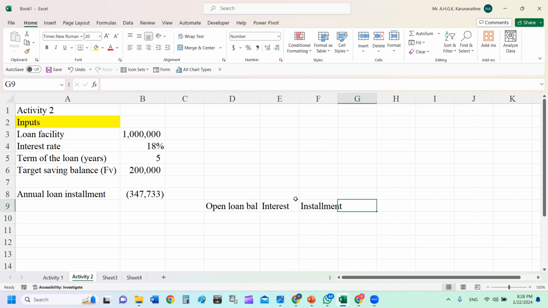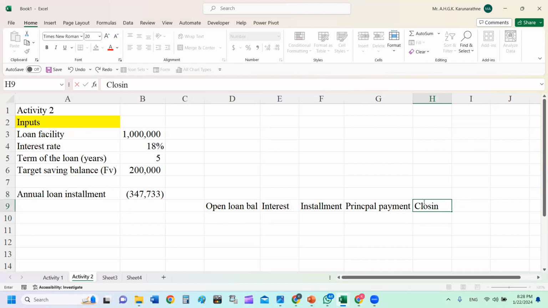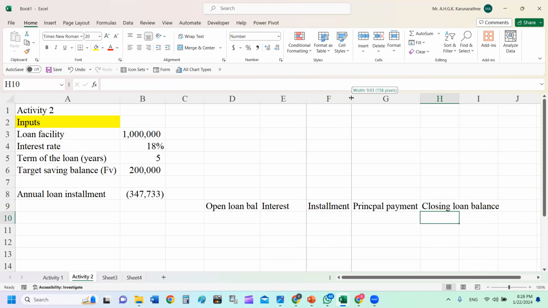Installment minus interest, principal payment. Principal payment, the amount by which the loan is reduced. Right? Okay. Finally, closing balance. Last column, closing loan balance, right? Let me just extend this so that it's more visible.